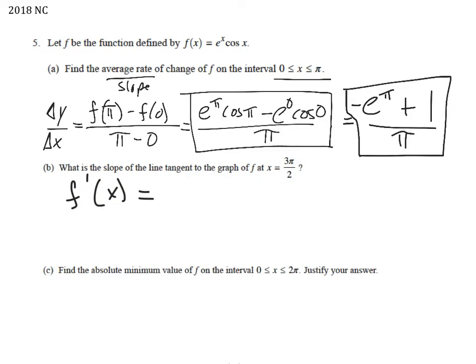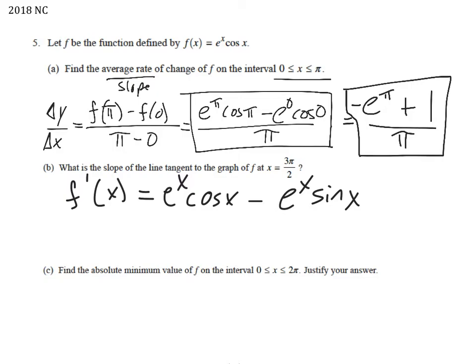And we're going to have a product rule there. Derivative of the first times the second: derivative of the first is e to the x times the second, which stays cosine x, plus the first times the derivative of cosine, which is negative sine x. And so we'll put our negative out here.